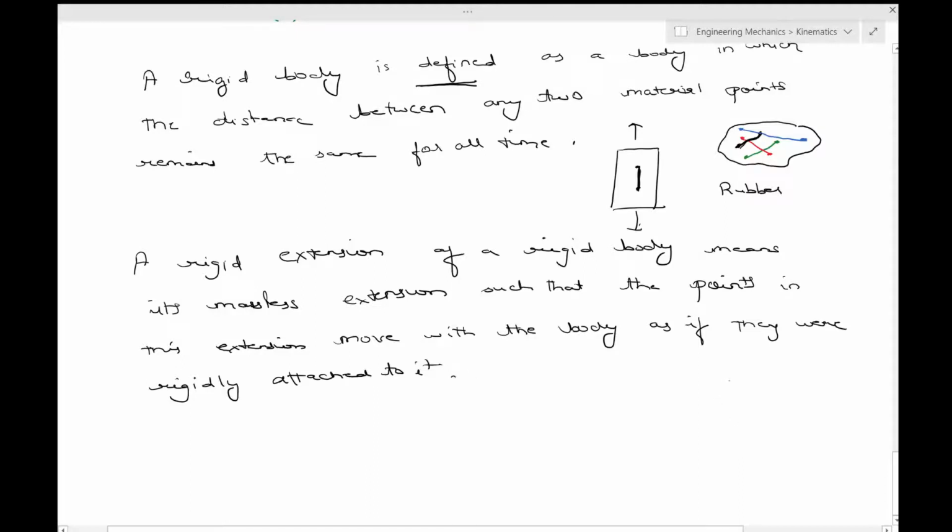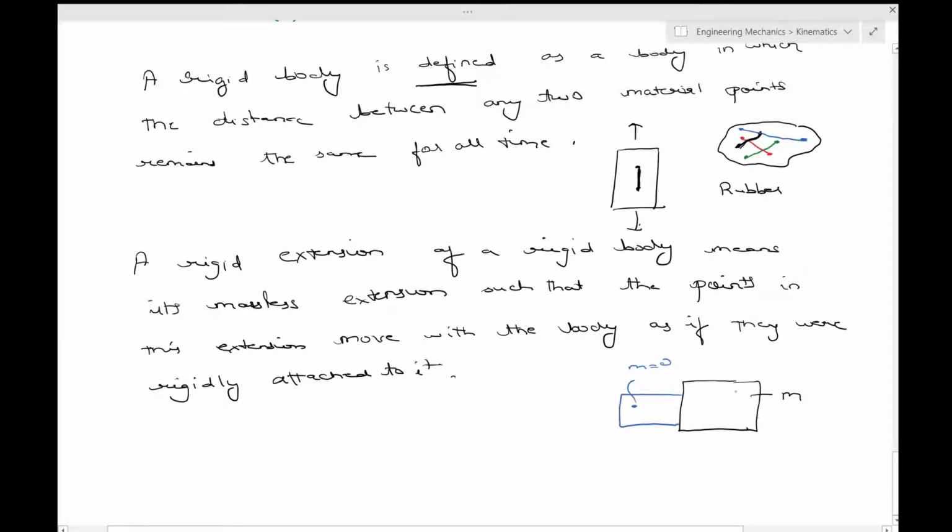So if this was your rigid body, it had a mass m. A rigid extension of this body would look something like this. The mass of this is 0, and all points on this extension will move with the body.